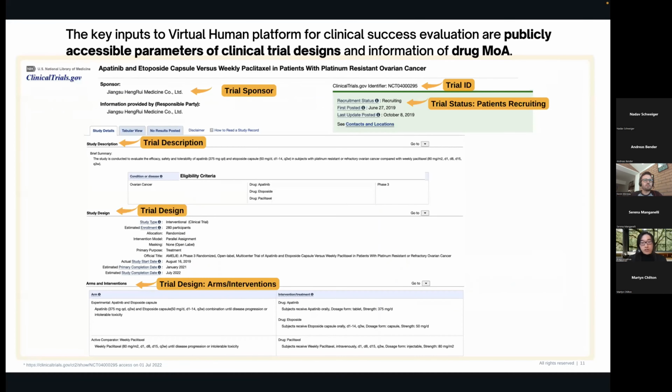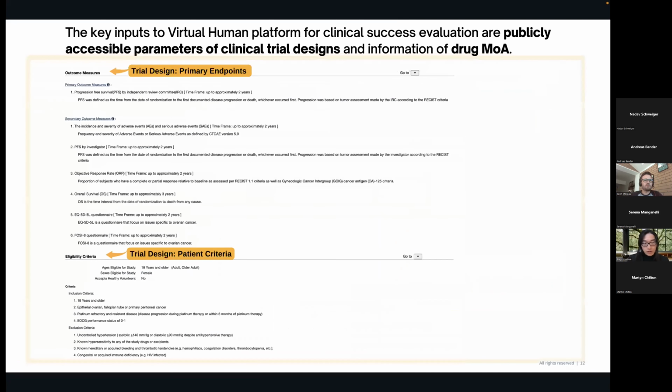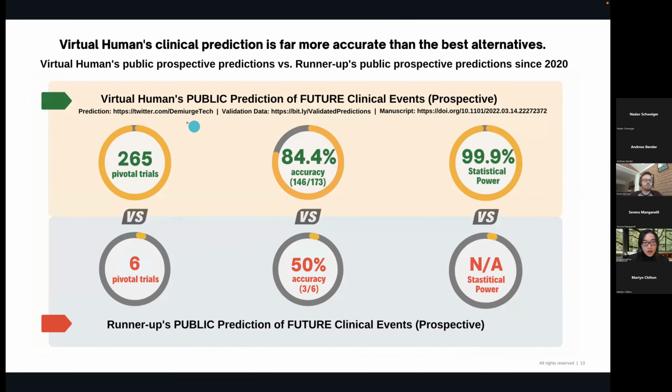And very importantly, when we make a prediction using the platform, we only use publicly available data like the clinical trial design protocol from clinicaltrials.gov and publicly available MOA data for the compound. Our performance has been really outstanding: we achieved 84.4% prediction accuracy, covering both cases of clinical success and clinical failure, which has reached 99.9% statistical power.